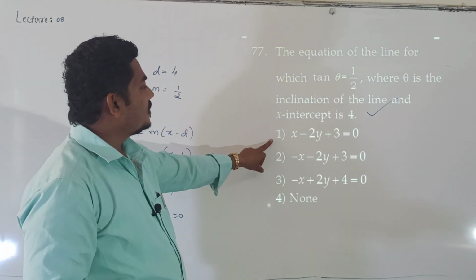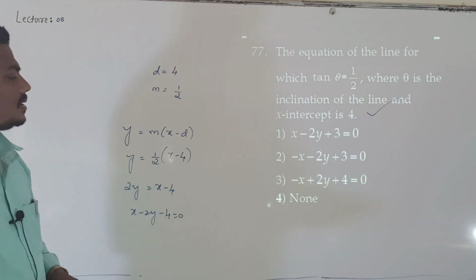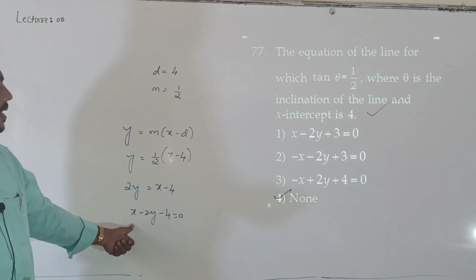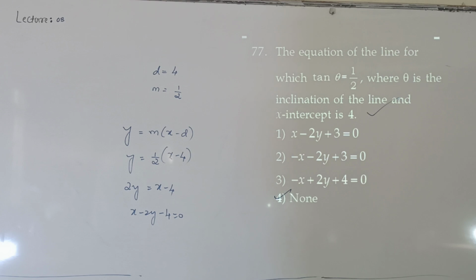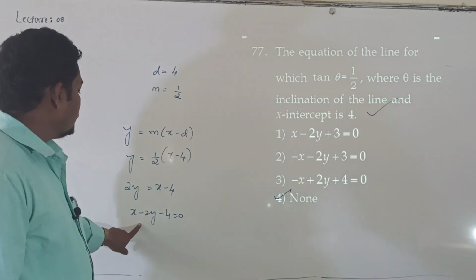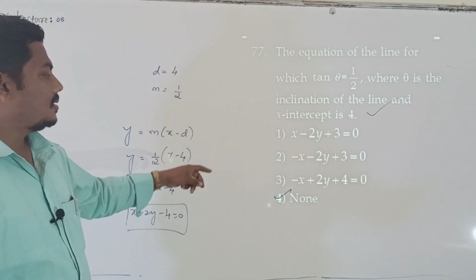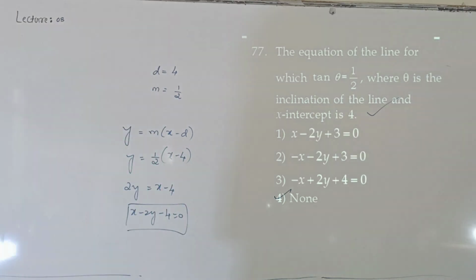Then what do we do? Just change the key. None of these. M into x minus d, right? I will check. This is the correct answer, right? Just change the key. None of these, right? Next question.